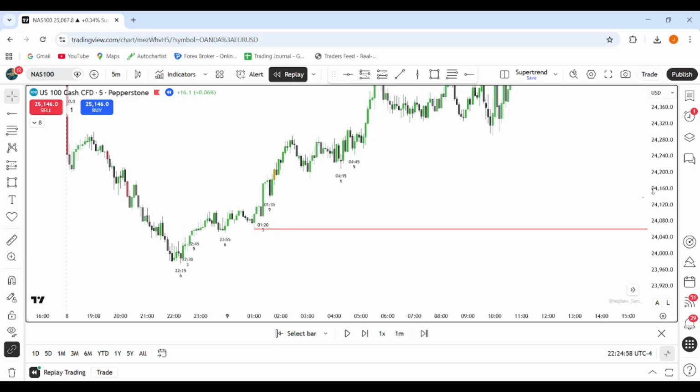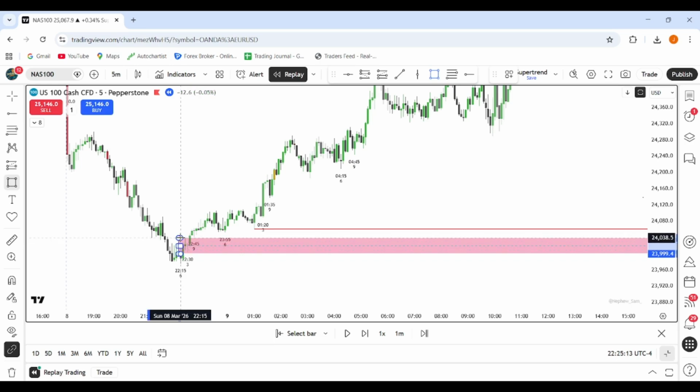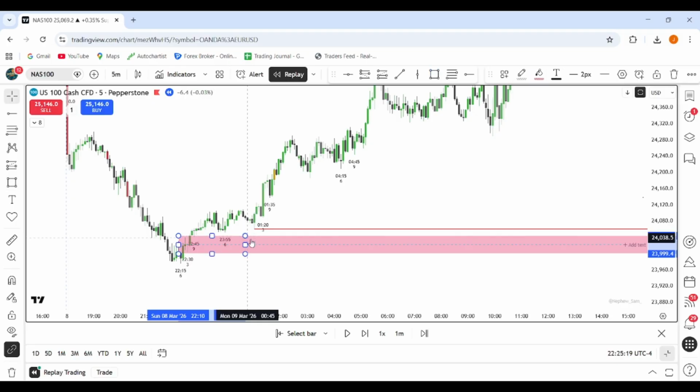Let's have a look. Again, I would say it is this one here, but we've also got that gap there, but I am going to go for this one, and I'm just going to put that in there only because it's a little bit larger as well.